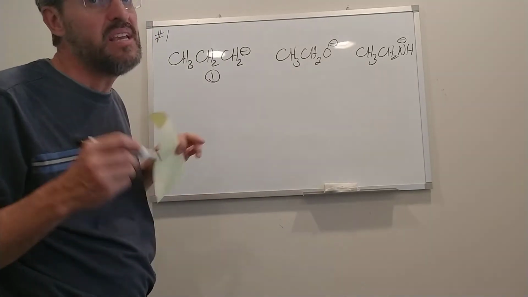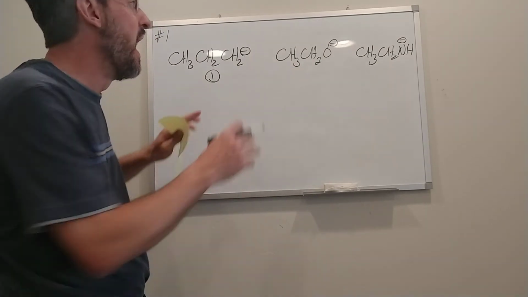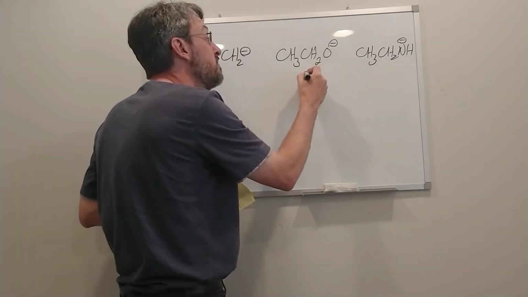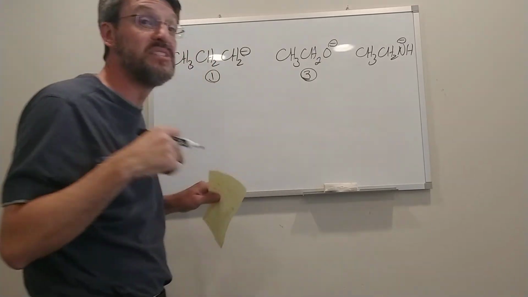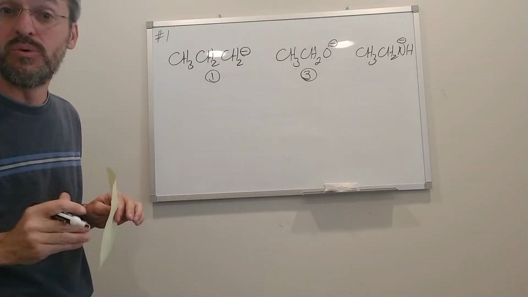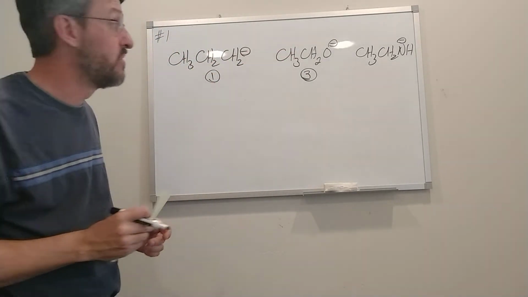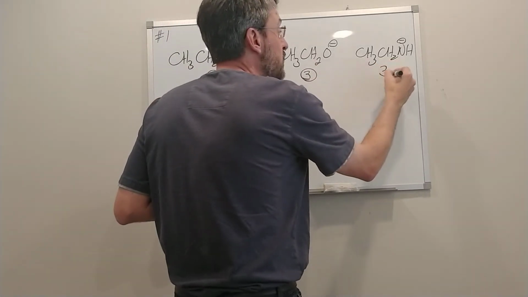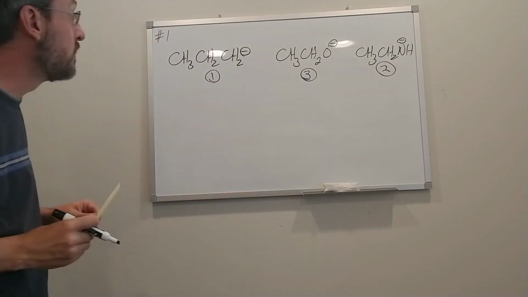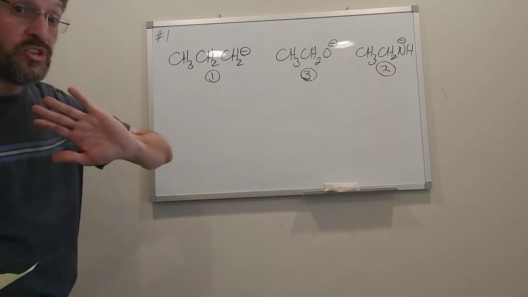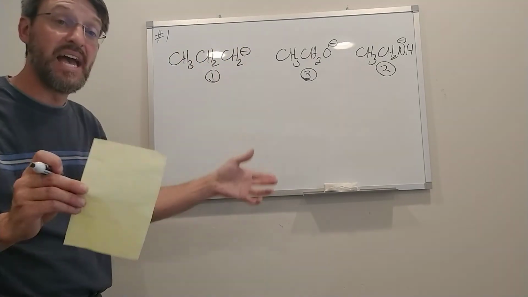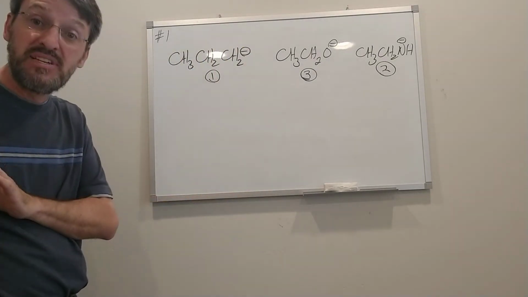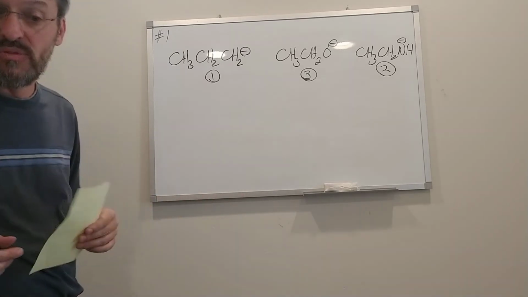So that means this, even though we would consider this fairly strong, of these 3, this is going to be the weakest base. And again, that's because the alcohol, the original molecule, was the strongest acid of the 3. And then, of course, this one's going to be somewhere in the middle. Okay, so again, the relationship between acid and conjugate base: very weak acid equals very strong conjugate base and so forth.